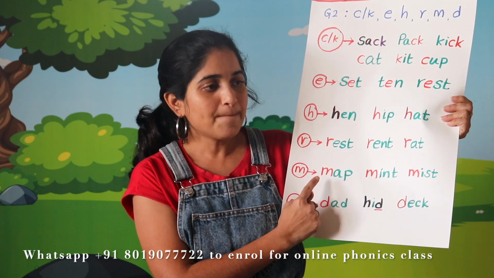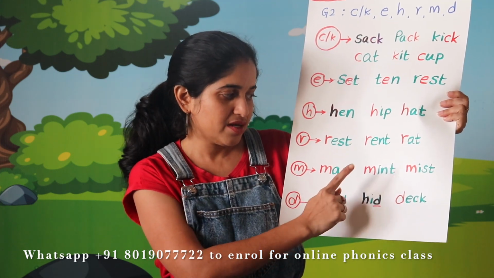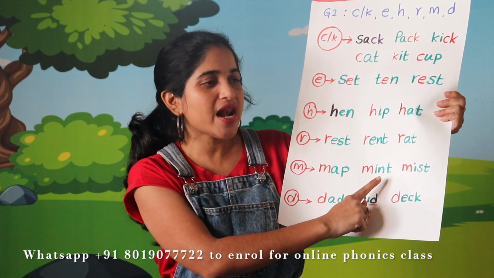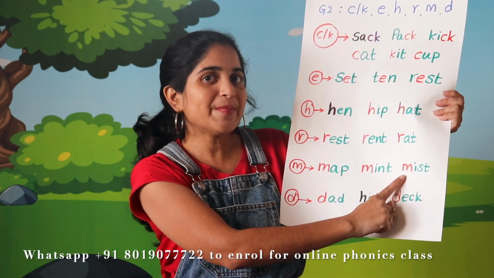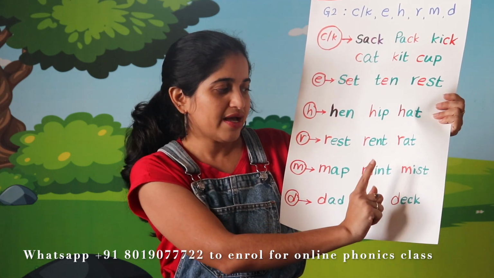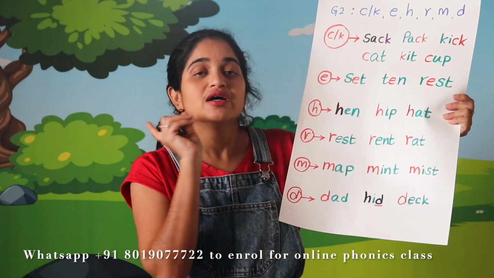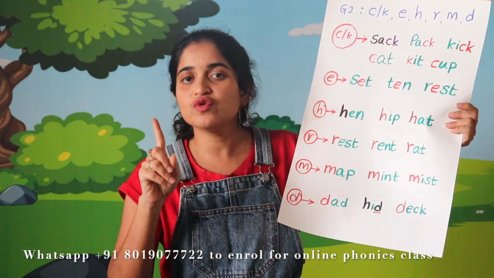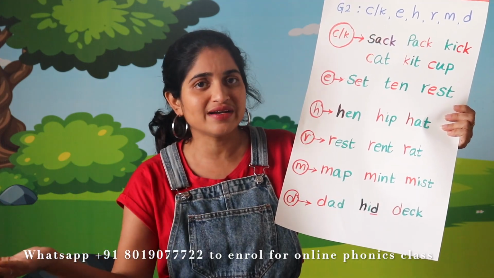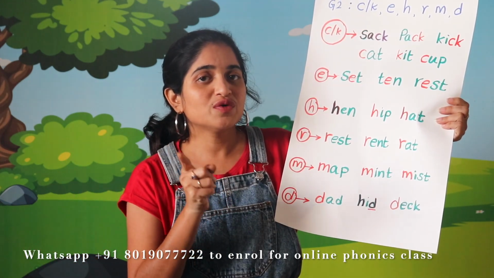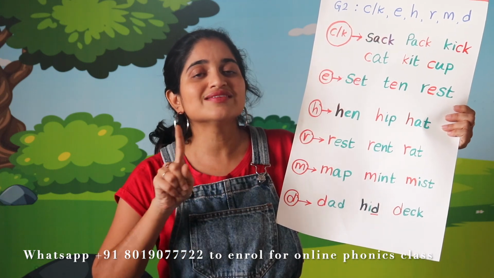It's not ma, it's m. Map, mint, mist. Remember children, if you get the phonic sound right, it will be very easy for you to learn to blend. Where it is difficult for you is when you learn all the sounds wrong.